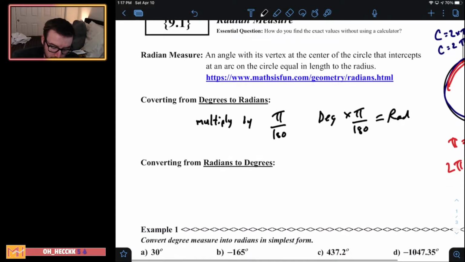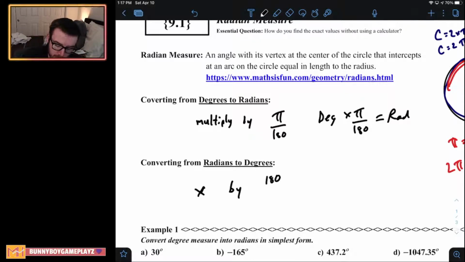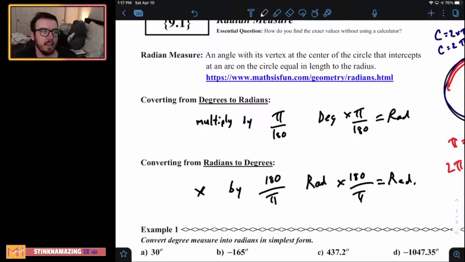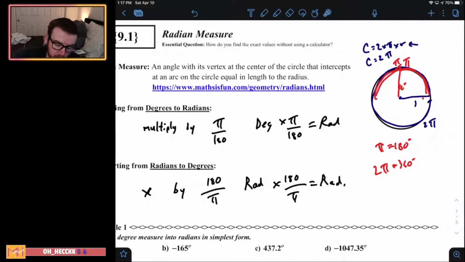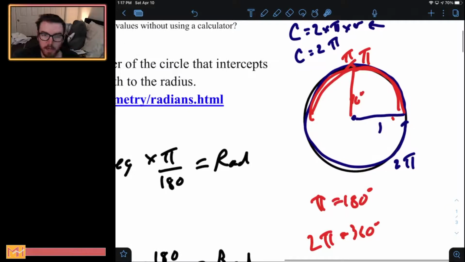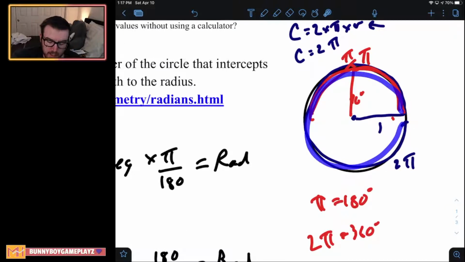And if you want to convert from radians to degrees, you multiply by 180 over pi. So you take the radian measure, you multiply by 180 over pi, and out spits degrees. That's the quick and easy way to go back and forth between the two. But I also think it's nice for you to just keep this in mind, that 360 is 2 pi, 180 is pi, 90 is pi over 2.